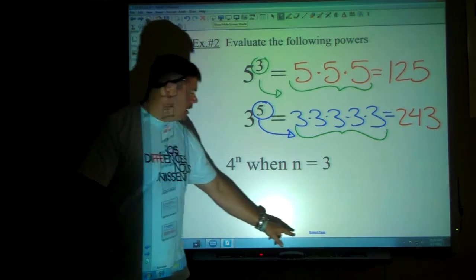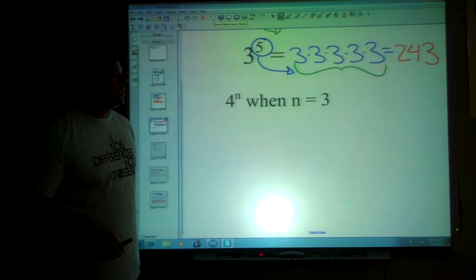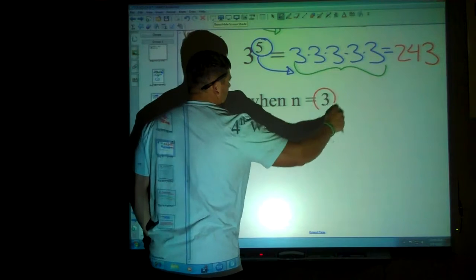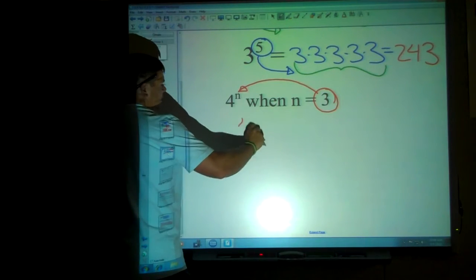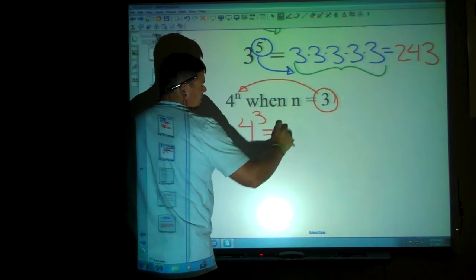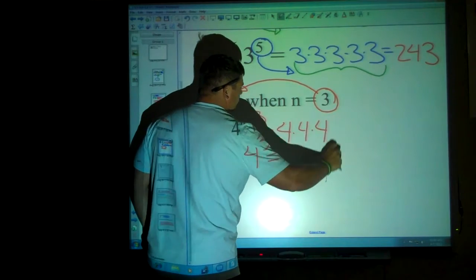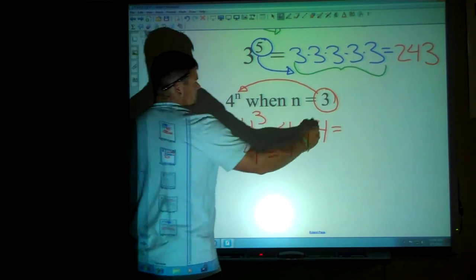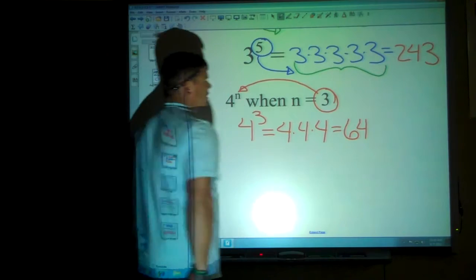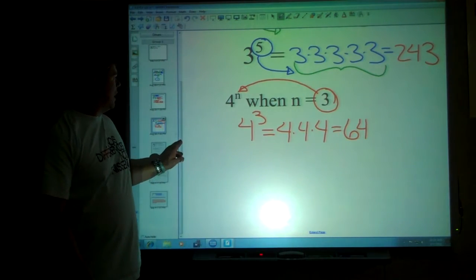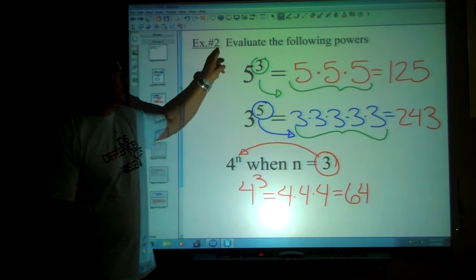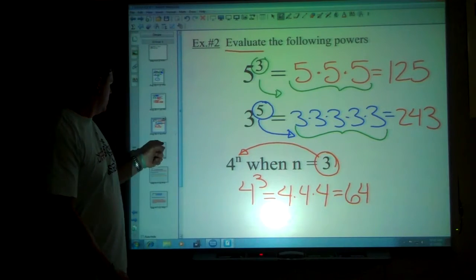Now, if we had this situation, this is more like our formula in a sense, where we have a value for the variable that we could substitute in, and we're now dealing with 4 to the 3rd power, which means 4 times 4 times 4. 4 times 4 is 16, 16 times 4 is 64. So that's evaluating, coming up with an actual answer. That's what evaluate means.